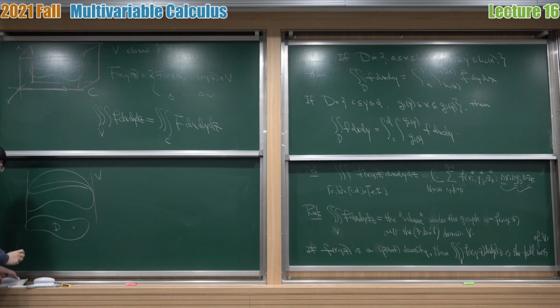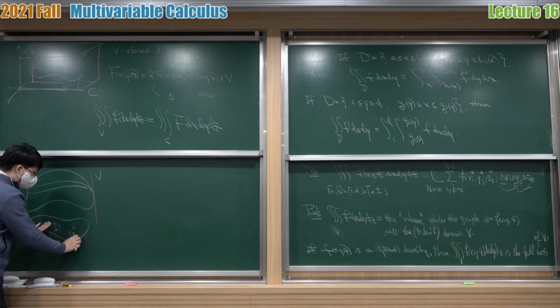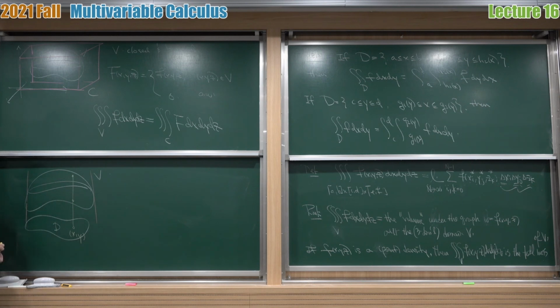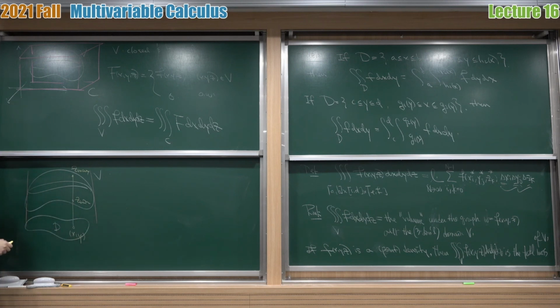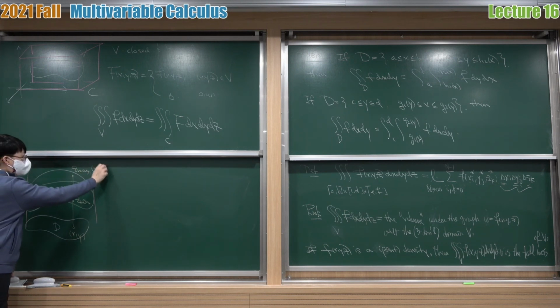I pick a point inside the projected space, inside this region D. That's my x and y, and I pick the maximum of z and the minimum of z, z max and z min. These two values are not constant.